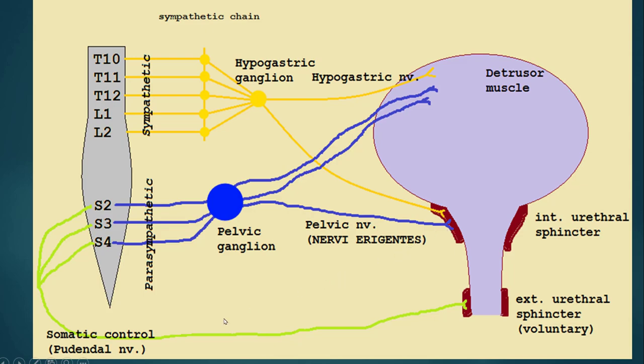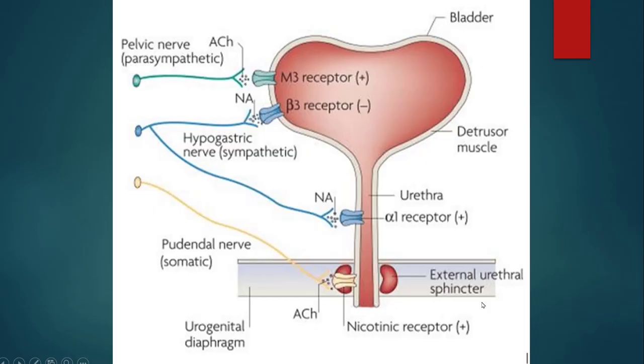And the somatic control is through the pudendal nerve. A somatic nerve, they also arise from the S2, S3, and S4 region of the sacrum, and they supply the external sphincter. The pelvic nerve carries parasympathetic fibers to the bladder.